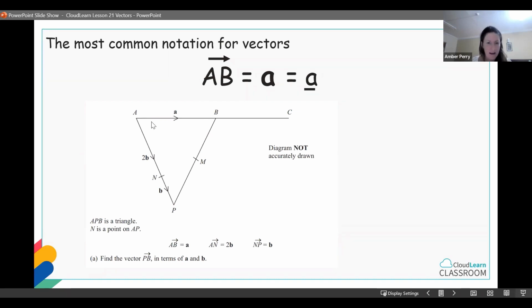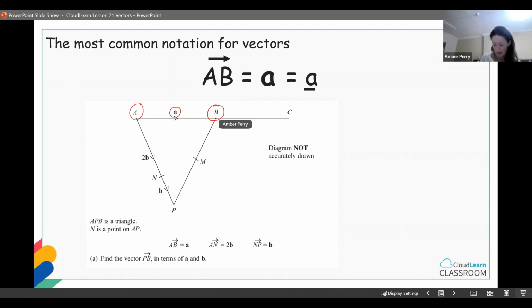Now, the reason why we have two different parts of notation, both this A-B notation here and this small bold letter, is that this A-B is telling us this pathway from A to B. So it cannot now be moved, that is that particular path, okay?